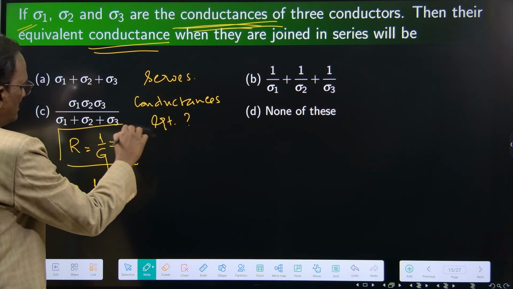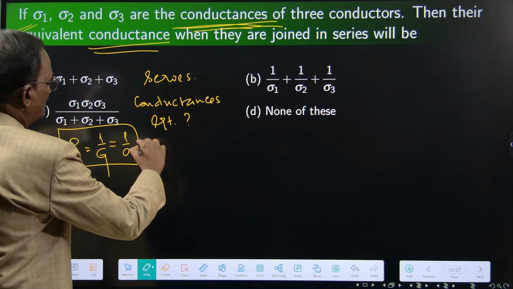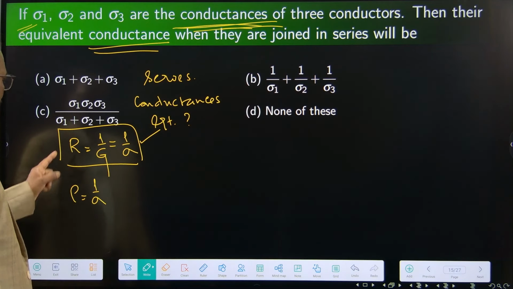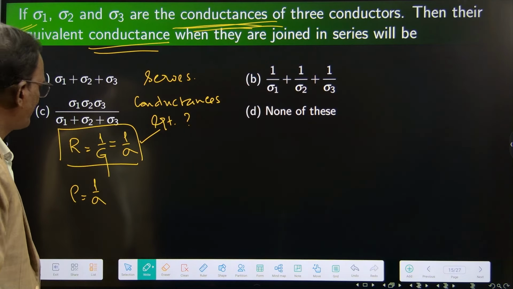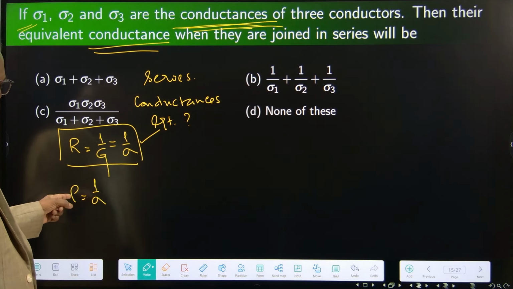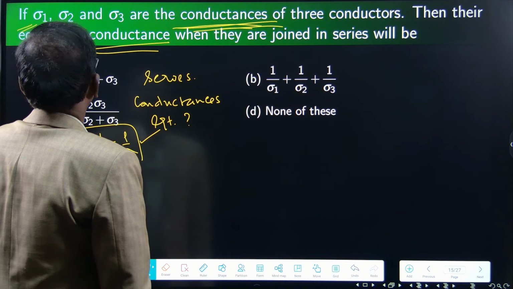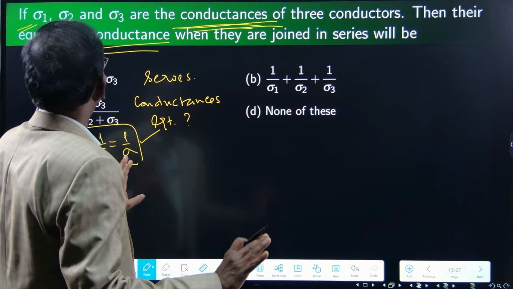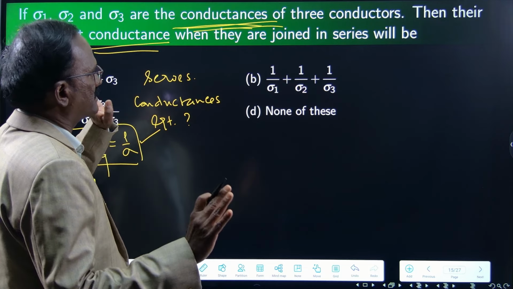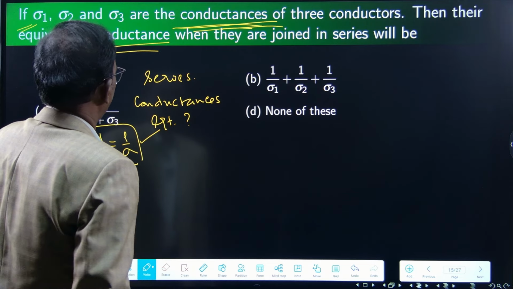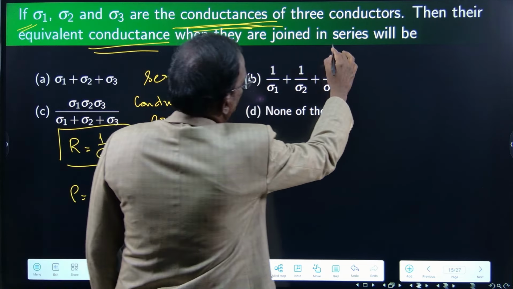Theoretically, rho is equal to 1 by sigma. So the question is 3 conductors, their conductivities or conductances, then their equivalent conductance when they are joined in series.